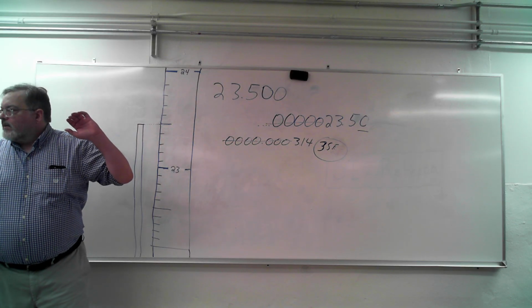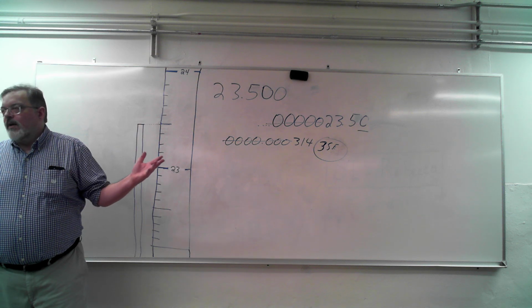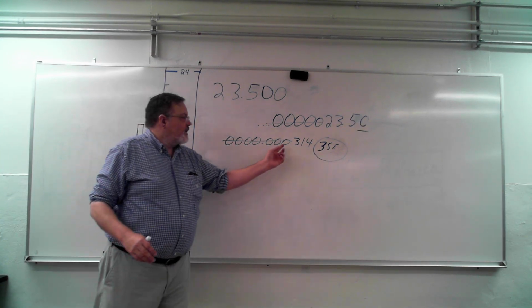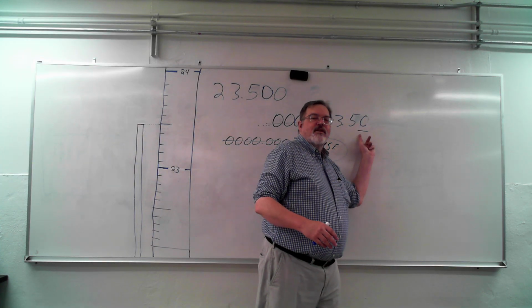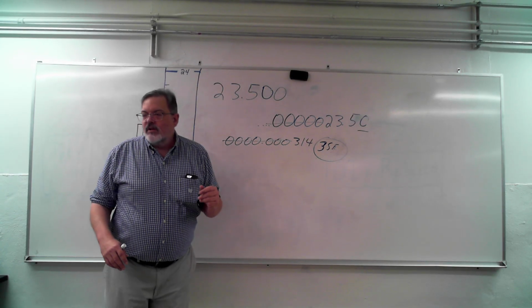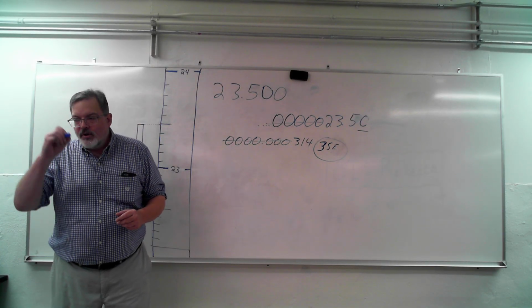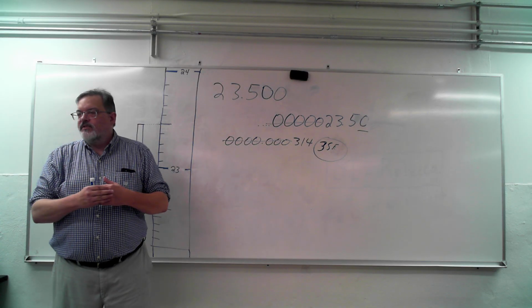The writer of that number puts it there because they measured it, not because there's theoretically an infinite number of zeros to the right. There's theoretically an infinite number of zeros to the left, and theoretically an infinite number of zeros to the right. The ones on the left never count. The ones on the right, if the writer of that number put it there, then it counts. So zeros on the right count, zeros on the left don't.